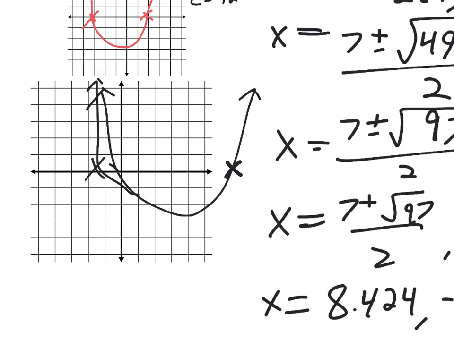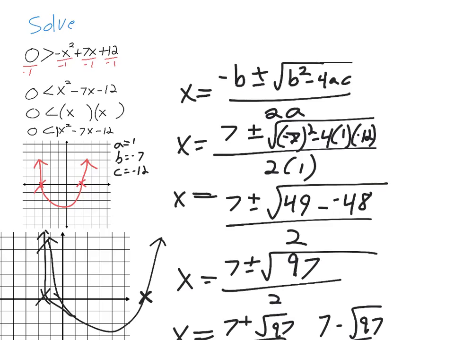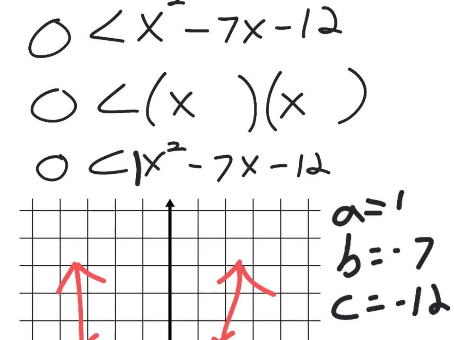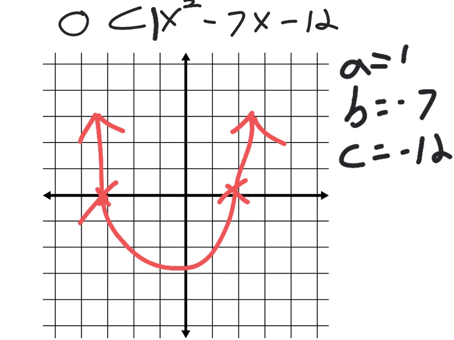Because this is a U shape, we know that all the values in between these are less than 0, are negative. All the values to the left and to the right of these crossing points are positive. In our original inequality, after we rewrote it, we were looking for all the values that were greater than 0. So where is this positive? It's positive for all the values less than, oops, that's the wrong graph.